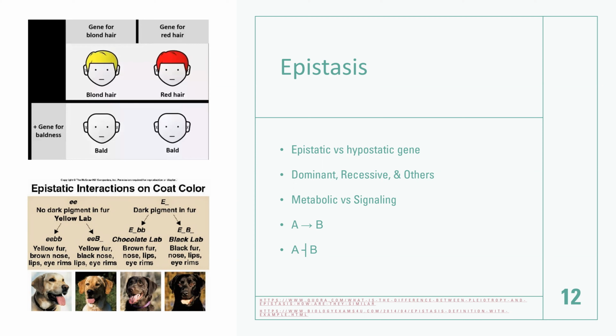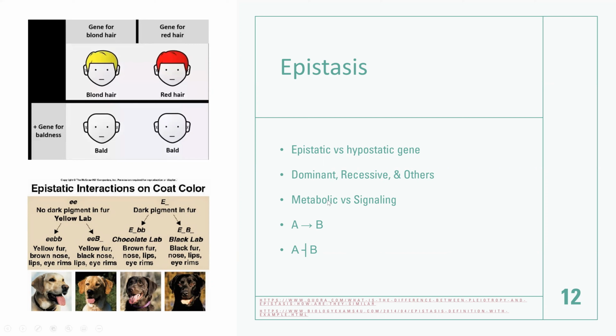Now in epistasis, there's 2 types, and that's metabolic and signaling. Metabolic means, let's say something like breaking glucose down, right? That we see in glycolysis. And signaling is like, let's say a signal transduction in your nerve.